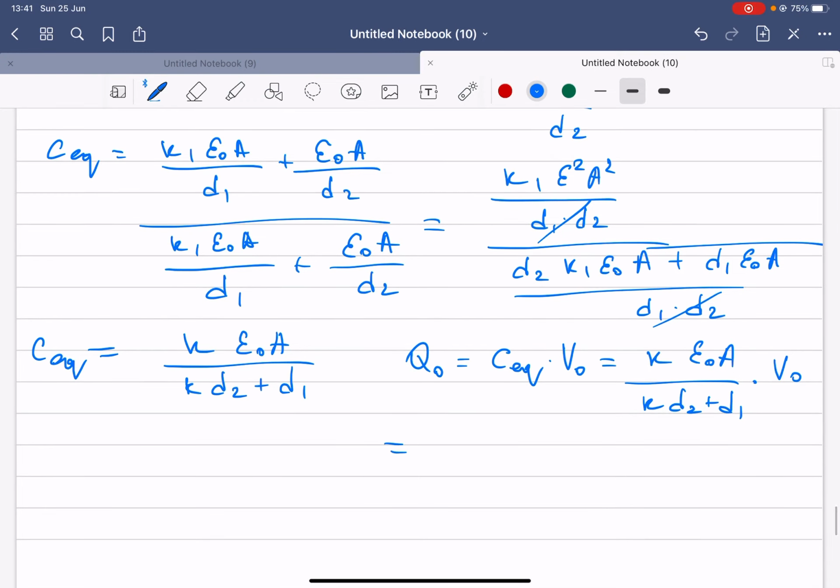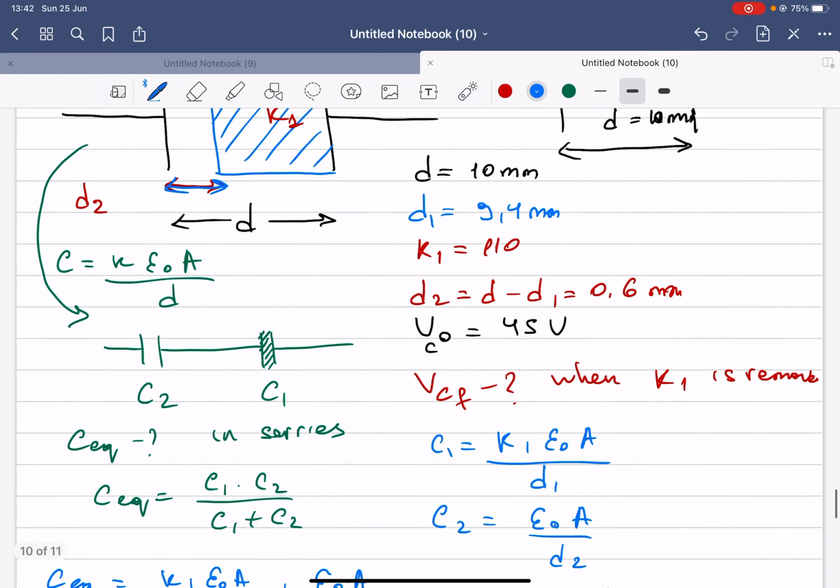Let's do the calculation. K is equal to 110, correct? 110 multiplied by epsilon naught, we don't know, we can keep it as it is, area, we don't know, divided by K, which is 110.